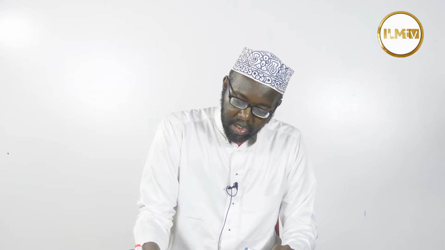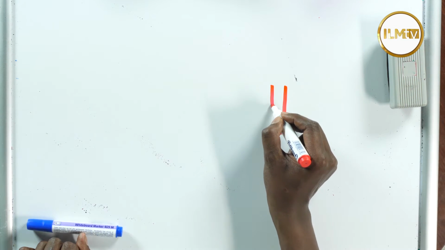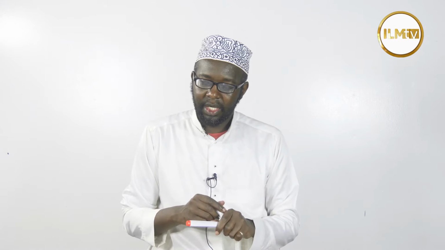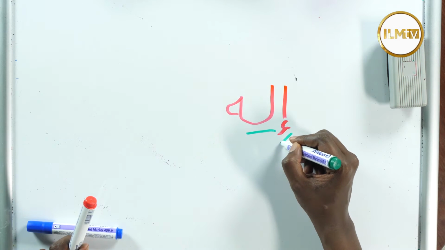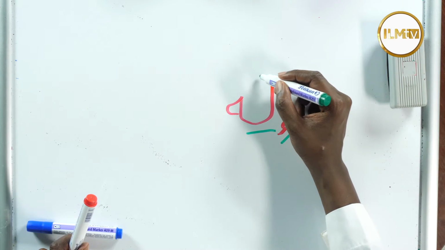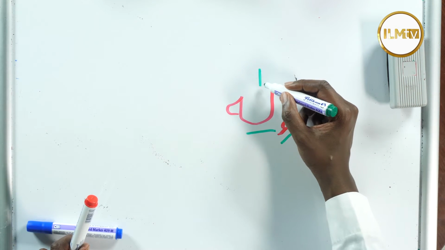The next word for lam was ilah. So we can recognize that in the middle here we have a lam. So this is E, then there's a lam here with an A. So we say ila, ila.